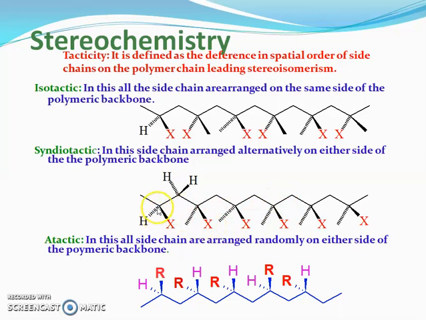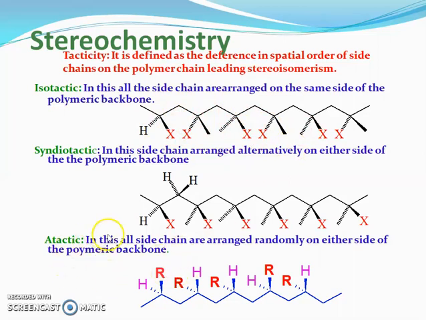It means hydrogen is below, hydrogen is here, hydrogen is up. Some mistake here, but hydrogen is below like this. In the isotactic case, all the groups are arranged on the same side.